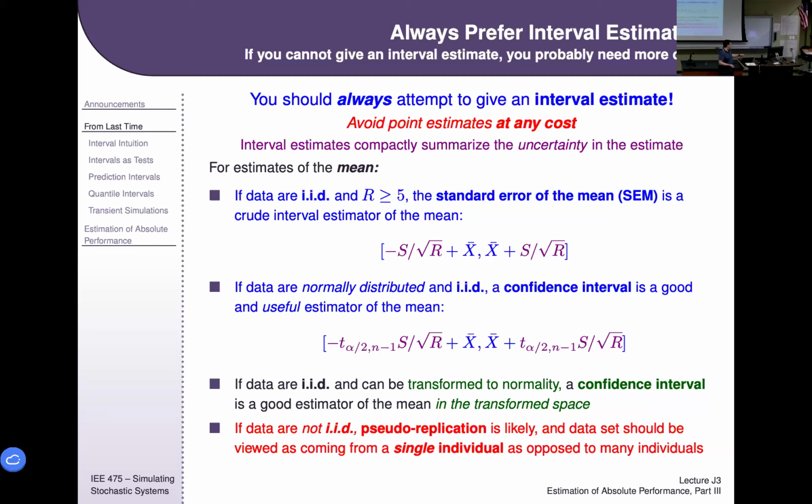And if they came from different random number seeds in the same sim, they're probably independent of each other. If those are the assumptions you have, then you can use an interval bracketed by the standard error of the mean. That's this quantity here: the estimated standard deviation divided by the square root of the number of replications, where the center of it is the mean that you estimate.